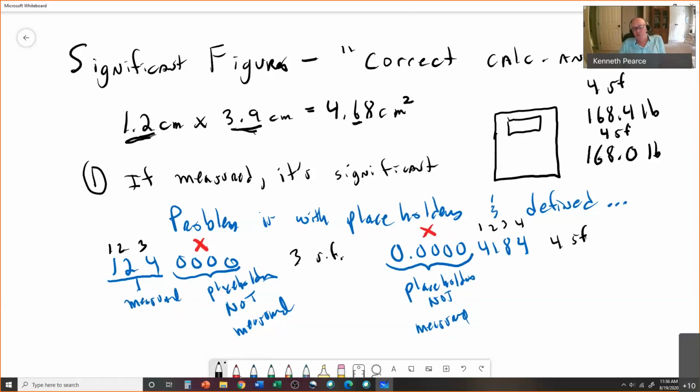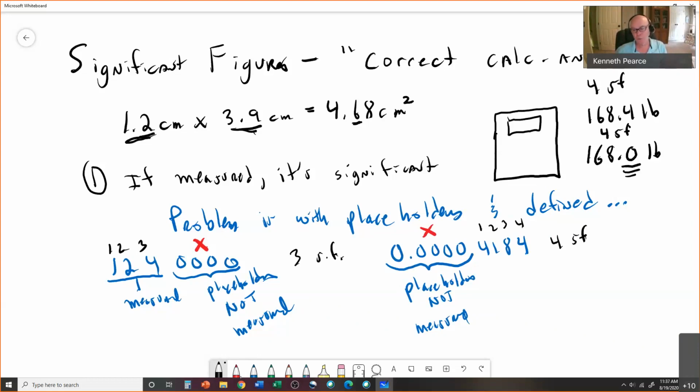Now here's the skill, and this is where sig figs comes in. We have to be able to look at a number and decide how many significant figures it has. So the first rule is, if it's measured, it's significant, even if you end up with zeros like over here on the scale. If you measured the zero, it's significant. Now the problem comes in if you don't know anything else, but you do have zeros.